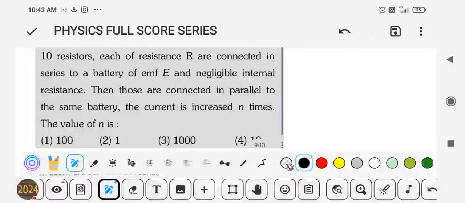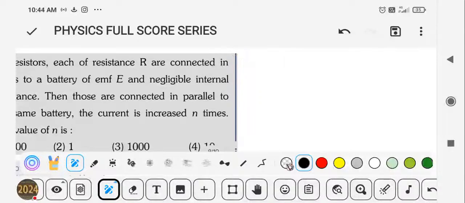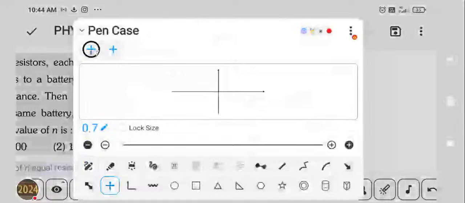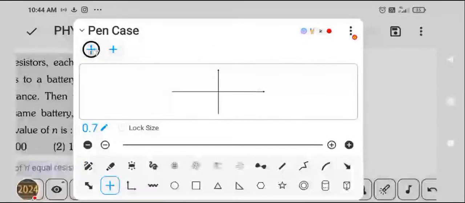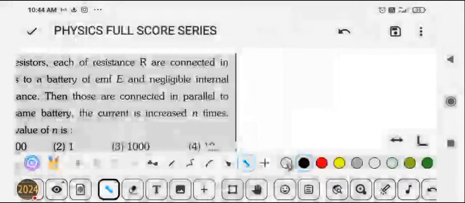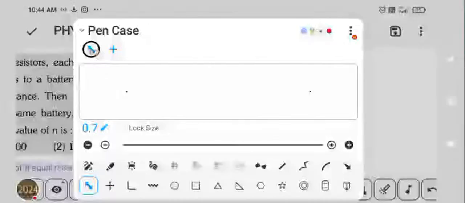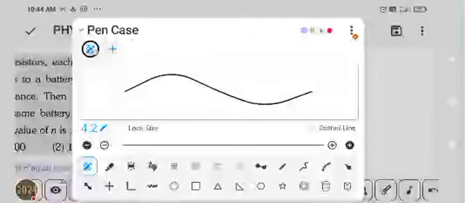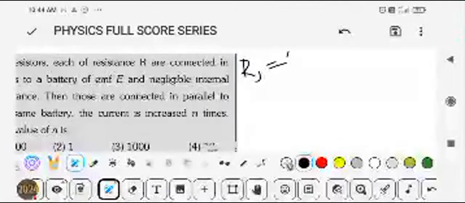So let me explain. In series, Rs is equal to R1 plus R2 plus R3.